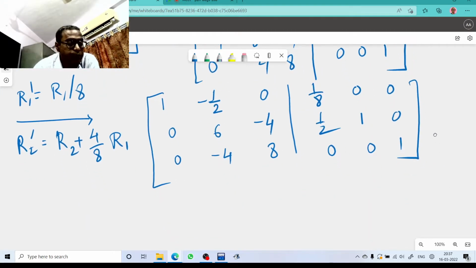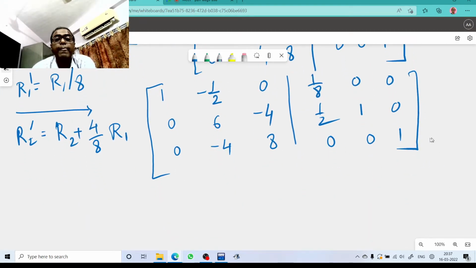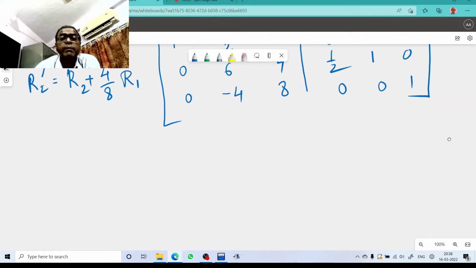Next target is the 2 2 position. In this position we want to get 1. So we divide the second row by 6, and correspondingly the other elements in the second column, the 1 2 position and the 3 2 position, become 0 by elementary row operations.